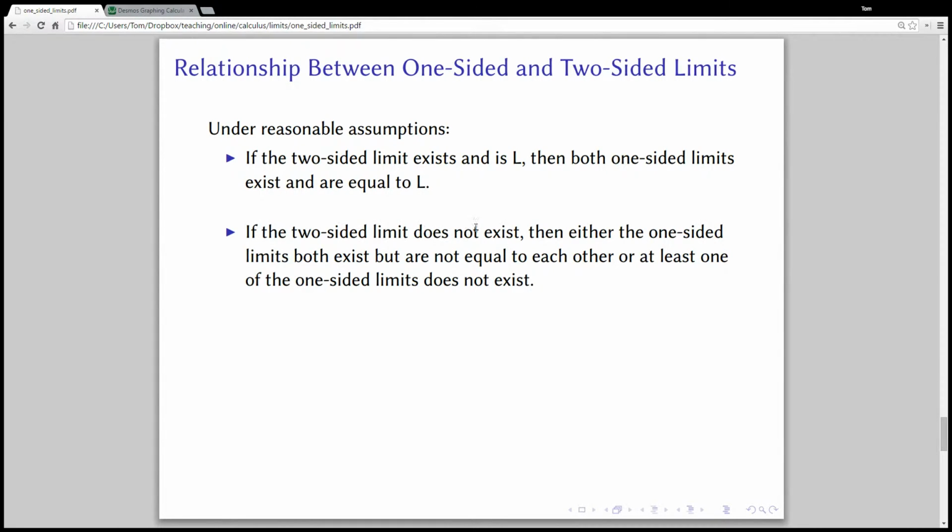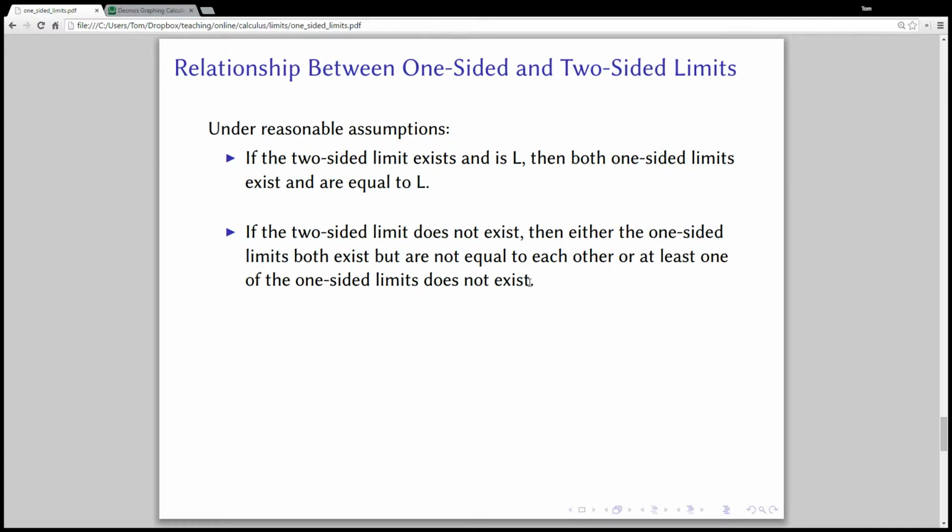If the two-sided limit does not exist, what that means is that either the one-sided limits both exist but are not equal to each other. That happened in the previous example. In the floor function, the left-hand limit was not equal to the right-hand limit, and so that meant the two-sided limit does not exist. But there is also another way the two-sided limit might not exist, if at least one of the one-sided limits does not exist.